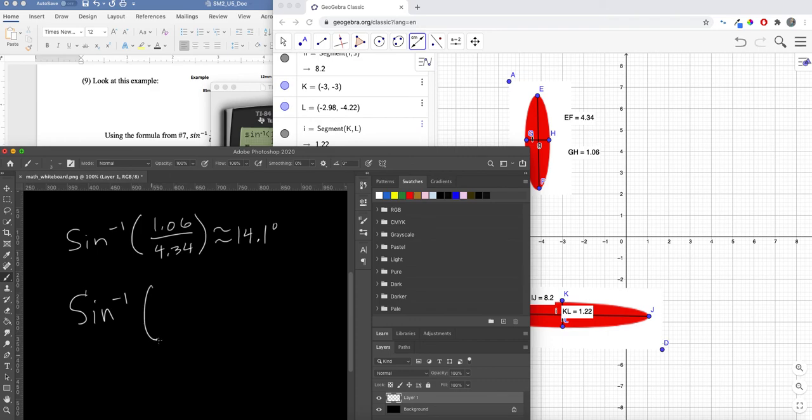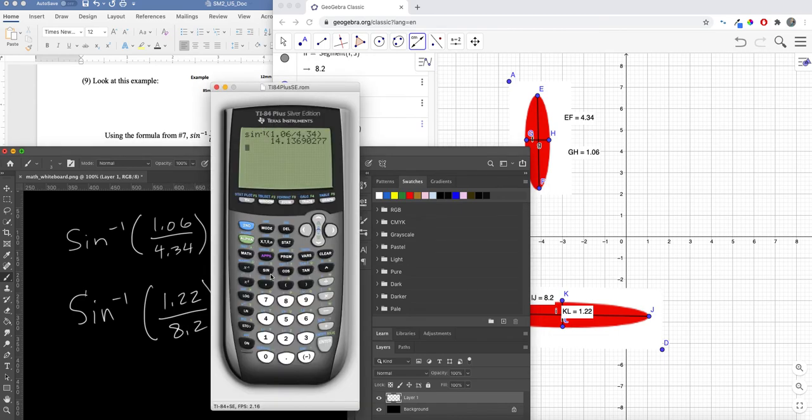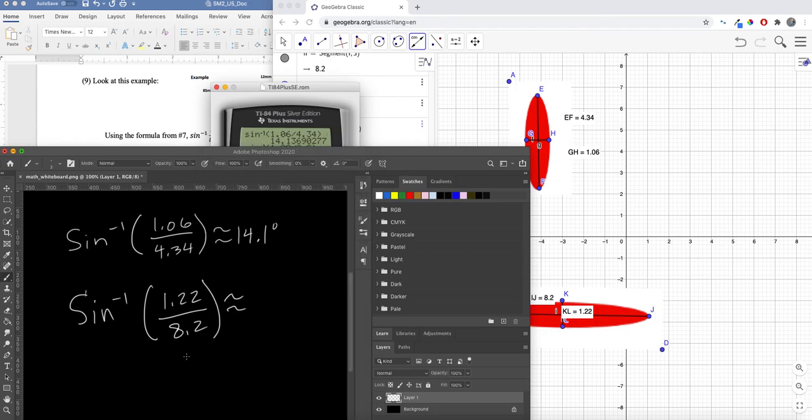Remember the shorter one goes on top, 1.22, and then 8.2. We're going to plug that in over here. So we say inverse sine, 1.22 divided by 8.2. And that gives us 8.56. So once again, for that blood splatter, the impact angle is 8.56 degrees.